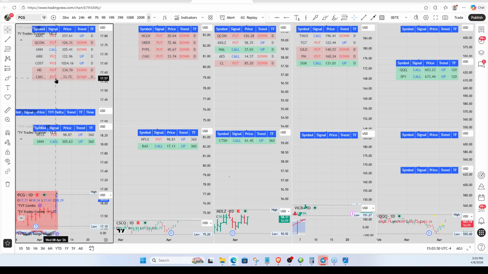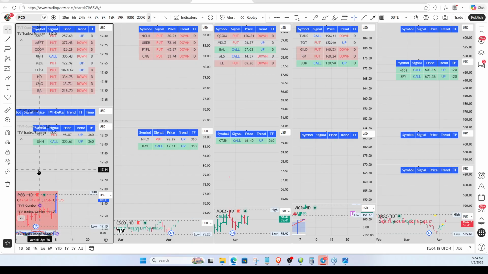This CMG put over here. Alright, well that candle's not closed yet, but still, if it's still there at 3:30 when the candle does close, that's what you have. The timing of all this is important. This stuff on the top is on a daily, and the stuff on the bottom is on a 6 hour.